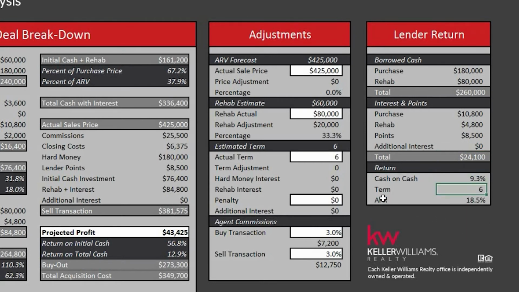And with a 6-month term, the actual APR of what they're earning when you factor in everything is like an 18% return on their investment. That's why the lender side of it can get lucrative if you've got somebody that knows what they're doing on the rehab. Actually, from a lender's point of view, they don't care if you go longer. It costs the rehabber more money, but the lender is going to make that money.